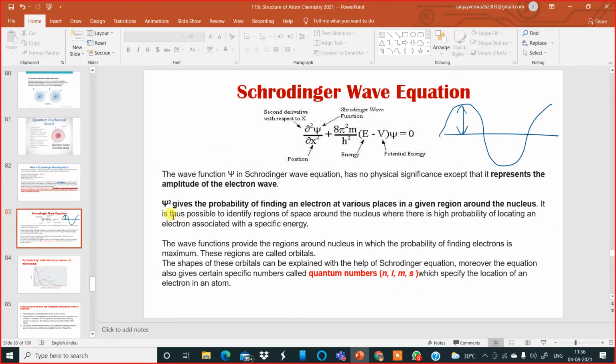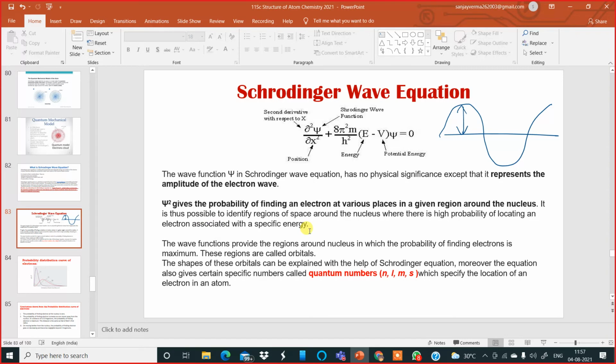Now psi square gives the probability of finding an electron at various places in a given region around the nucleus. That becomes a very, very important sentence. Psi square gives the probability of finding an electron at various locations in a given region around the nucleus. It is thus possible to identify regions of space around the nucleus where there is a high probability of locating an electron associated with a specific energy.